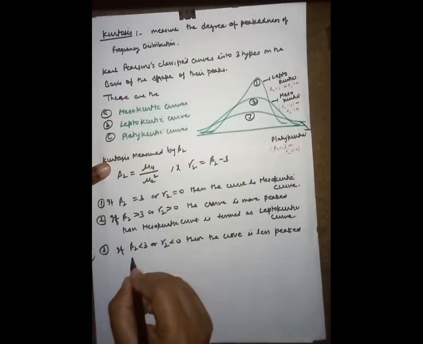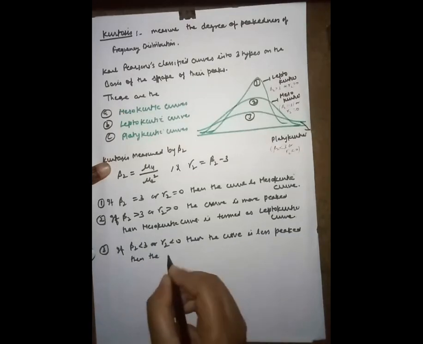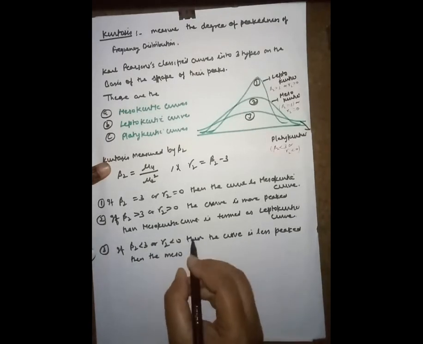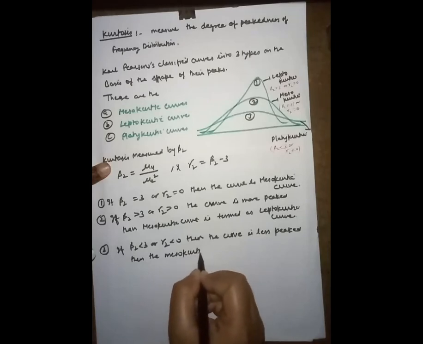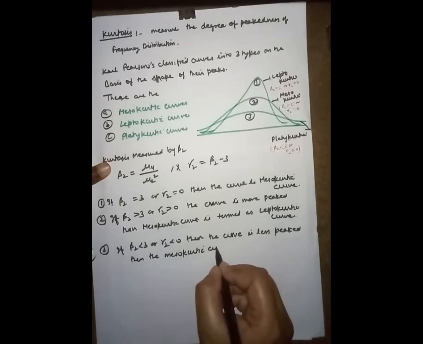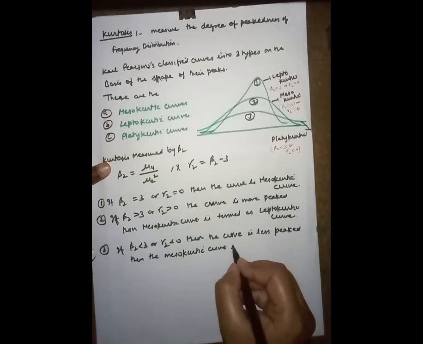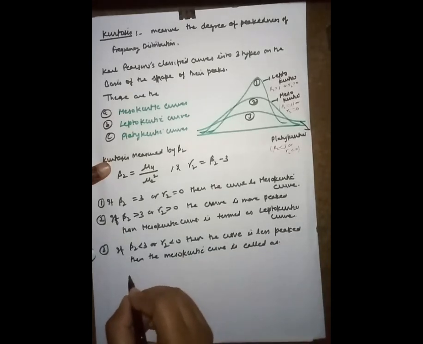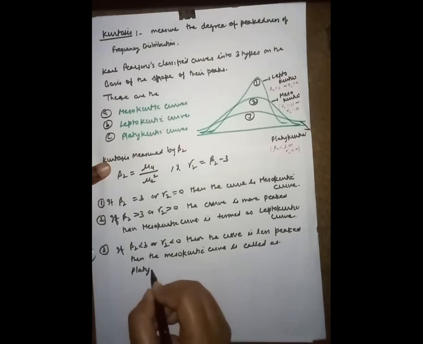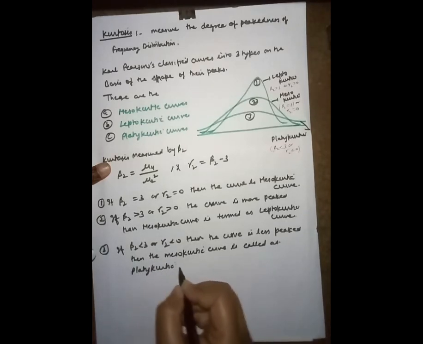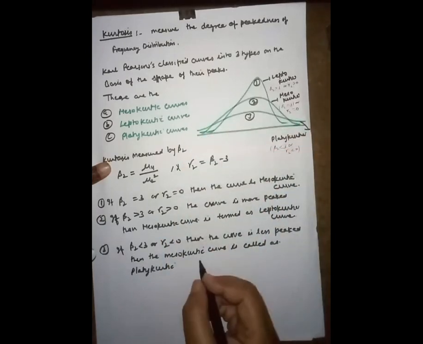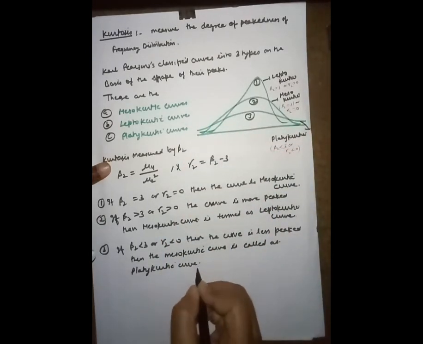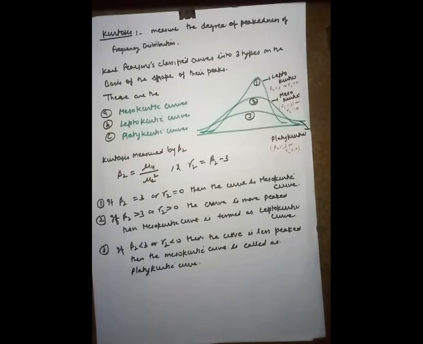Less peaked than the mesokurtic curve is called platykurtic, or a flatness curve. Right, friends? So this is the kurtosis.